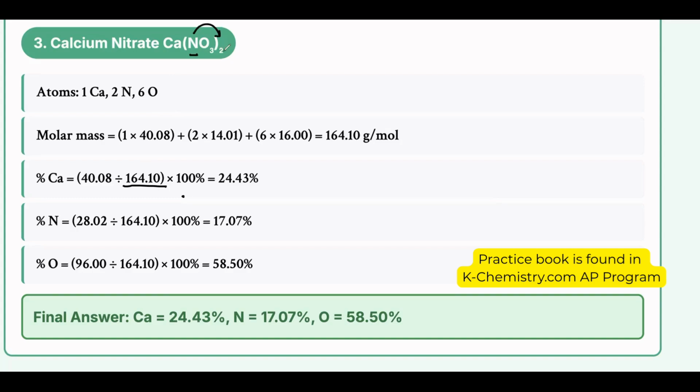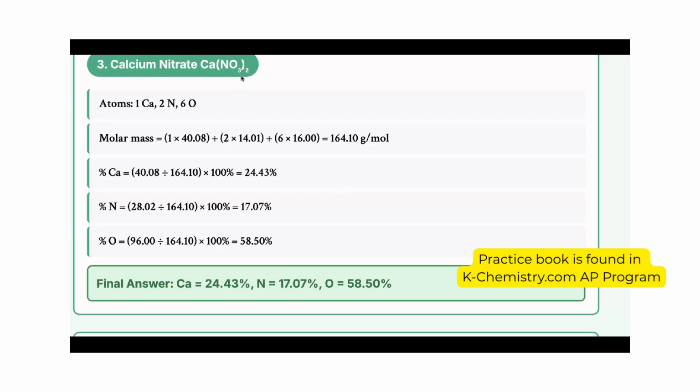It's not 1 nitrogen, it's 2, because outside the brackets or parentheses there is a 2 here. Divide this by the total mass and multiply by 100, and the last one is oxygen, do the same. Remember that the oxygen is 6 atoms here. If you have any difficulty in finding the number of atoms, please watch the first video. It explains very well how to count the atoms in any compound.